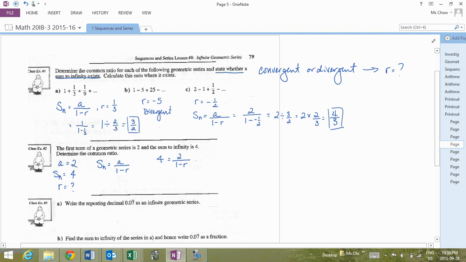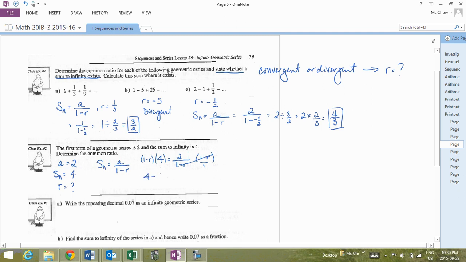If we multiply both sides by 1 minus r, then on one side we have 1 minus r, and we multiply this side by 1 minus r. So these cancel out, and therefore we have to distribute our 4.